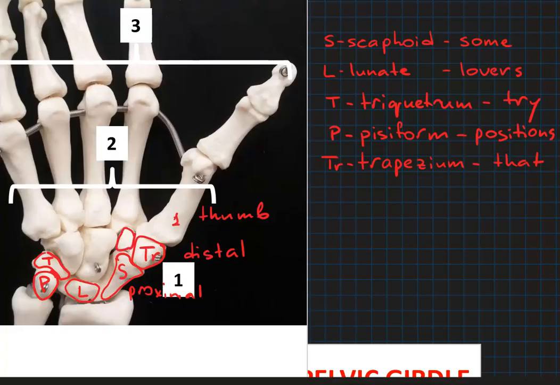Next bone, unfortunately, also has the first letter T. We're going to call it TD for trapezoid.